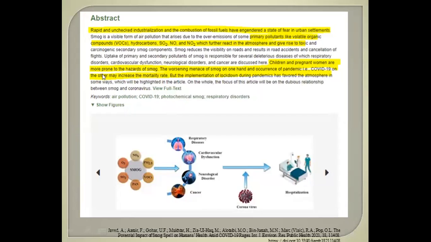Children and pregnant women are most prone to hazards of smog. The worsening menace of smog on the one hand, and the occurrence of the COVID-19 pandemic on the other, may increase the mortality rate. As shown in the figure, air pollution and further COVID-19 added to this fact, and there is an increase in hospitalization due to air pollution.